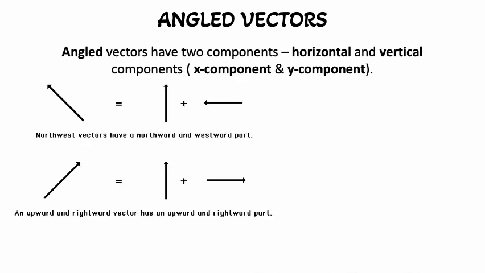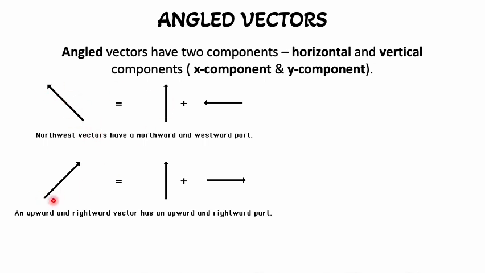So say for example here in the illustration, we have a northwest vector, and this vector has its horizontal and vertical component. So the horizontal component is going to the left, and the y component is upward or northward. So when you combine these two components, it yields or it leads to this angled vector, which is a northwest vector.